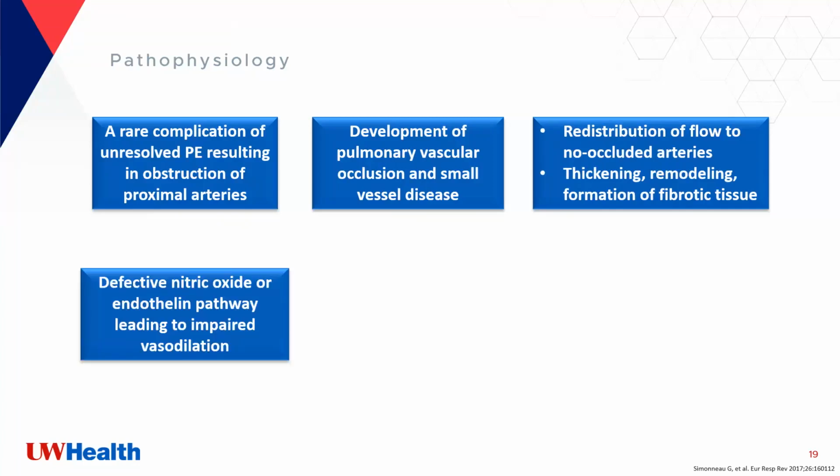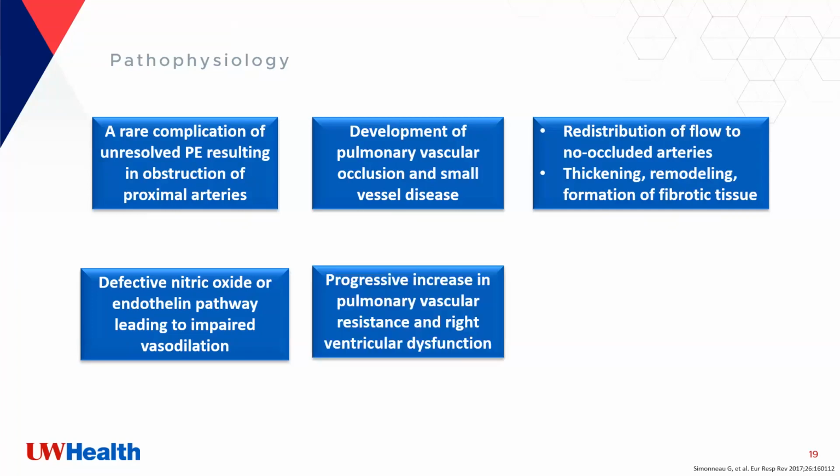The proposed mechanisms suggest involvement of defective nitric oxide levels in patients with CTEPH, and nitric oxide serves as a vasodilator, or elevated endothelin levels, which serves as a vasoconstrictor. So a mismatch and imbalance of these pathways causes vessel thickening as well as symptoms.